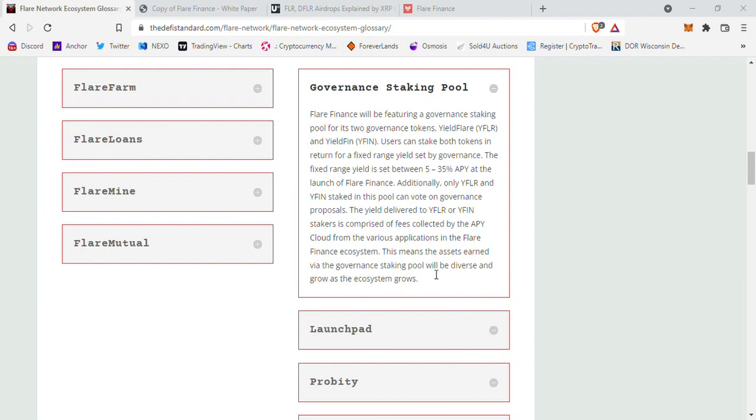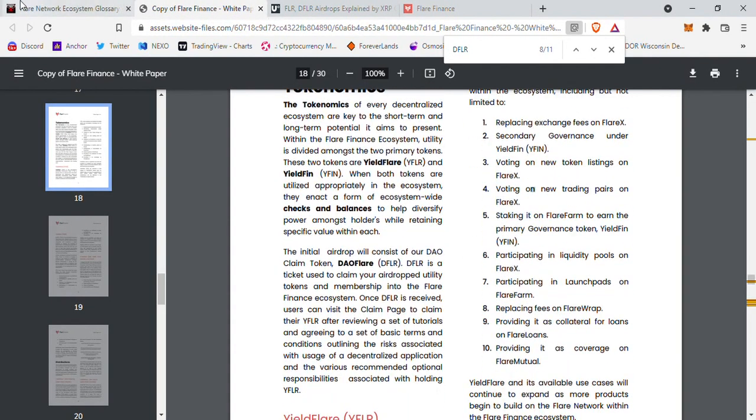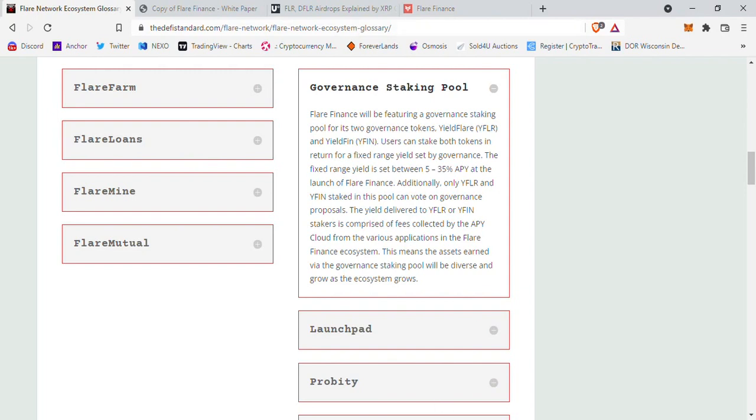YFlare has many use cases. Refer to the link, that's in this white paper. I'm going to leave that in the description. But let's continue. In my opinion, these three are the most important use cases. The first one is that you can stake it in order to have decisions within the network on the entire ecosystem.